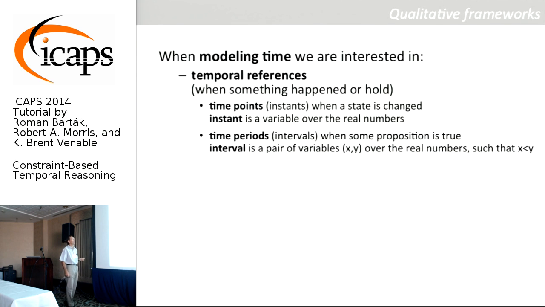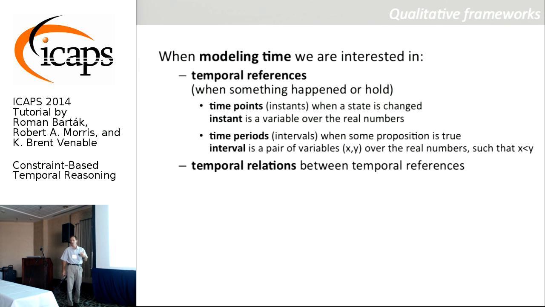And between these temporal references, we describe temporal relations, which are relative relations between points or between intervals, or even between points and intervals. So they describe relations of ordering between these references, right?